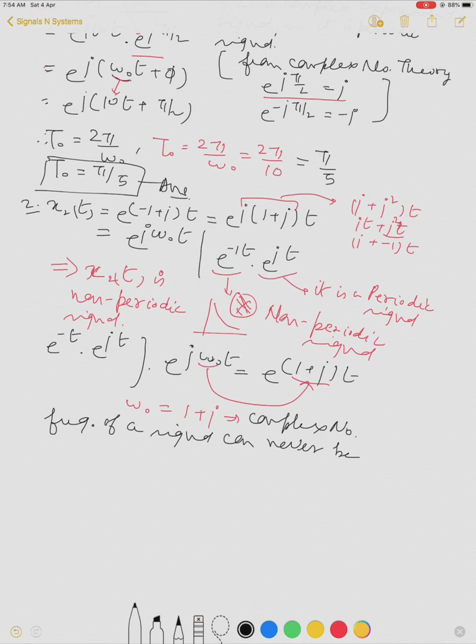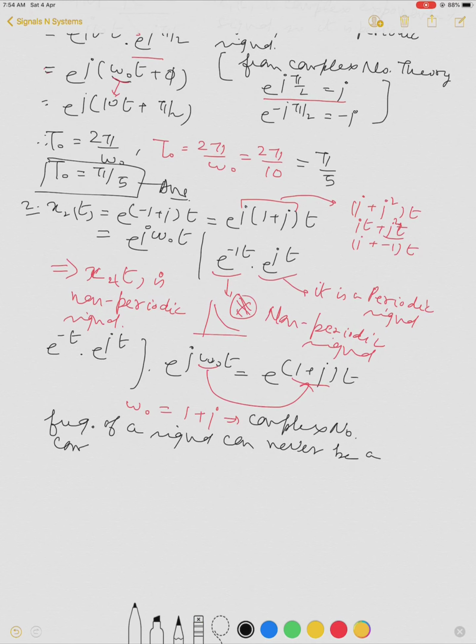So the answer for the second problem is that it is a non-periodic signal.